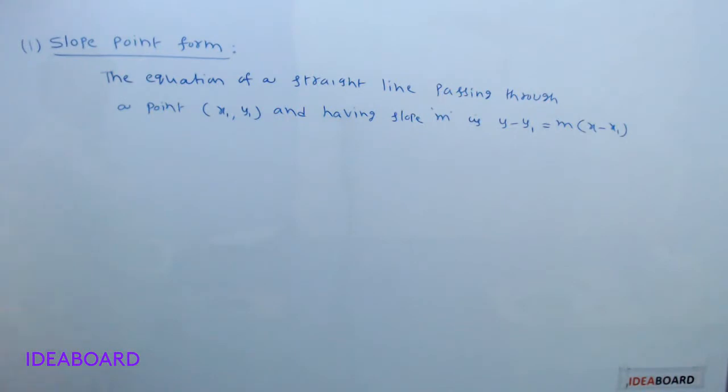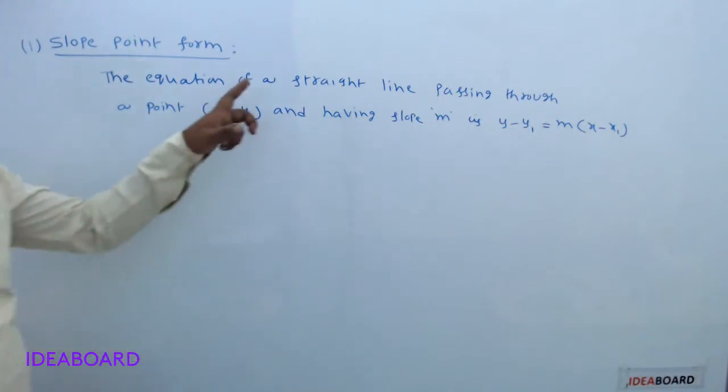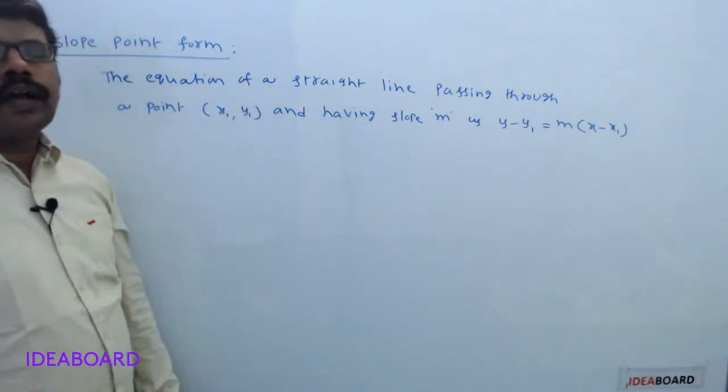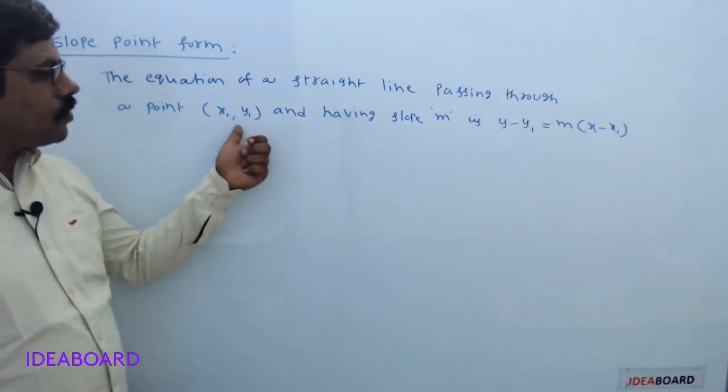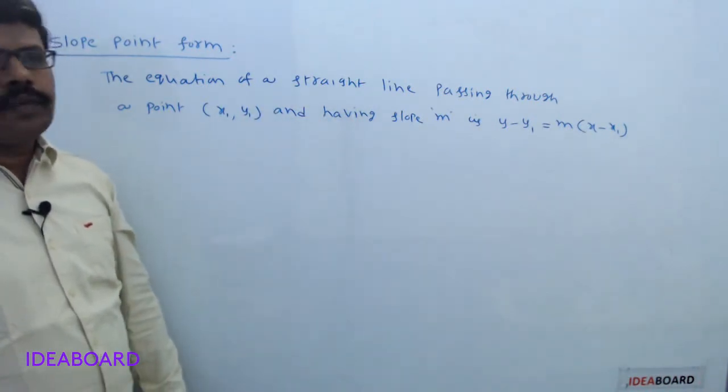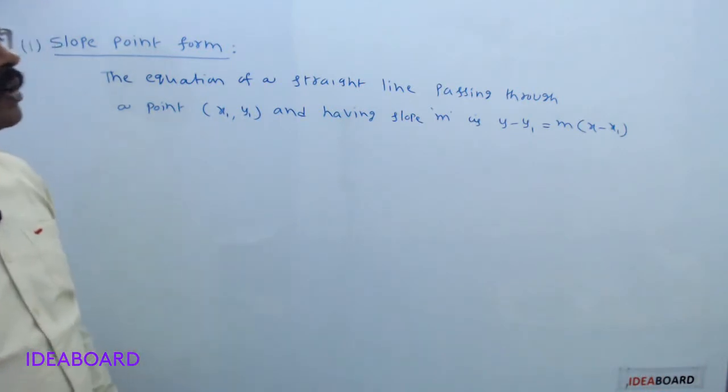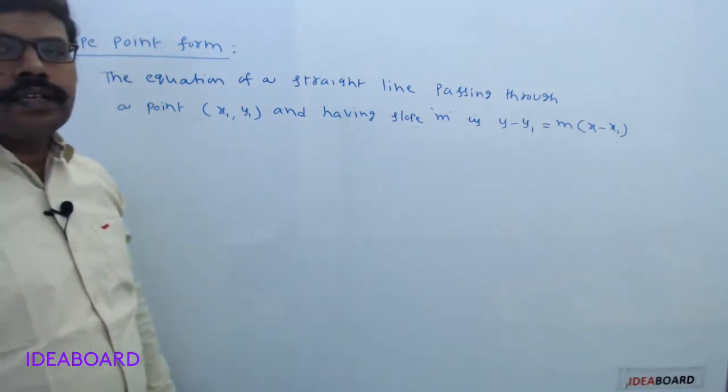For slope point form, the equation of a straight line passing through a point x1, y1 and having slope m is y minus y1 equal to m into x minus x1.